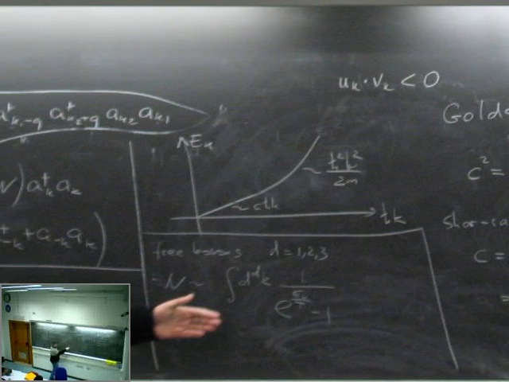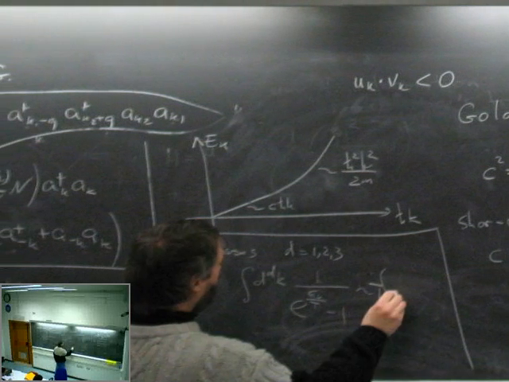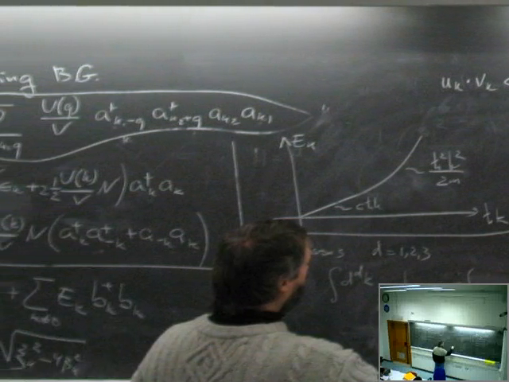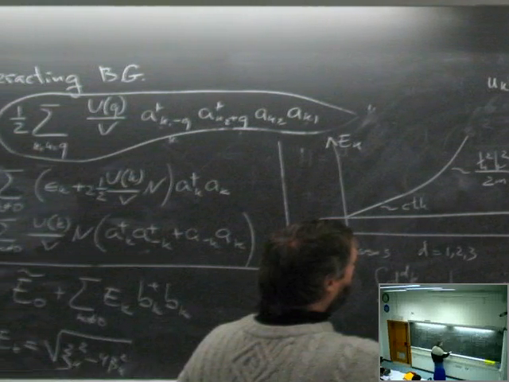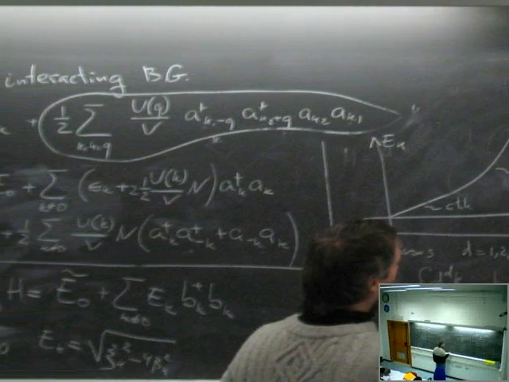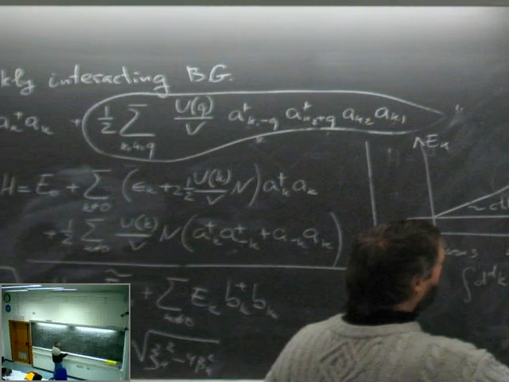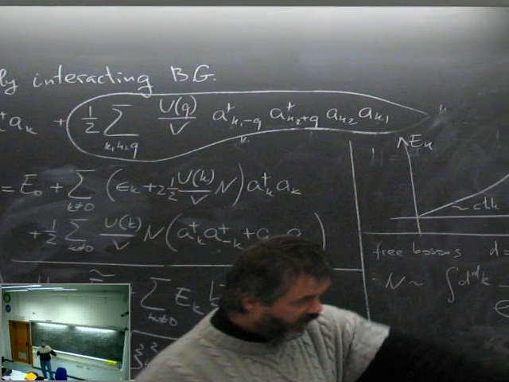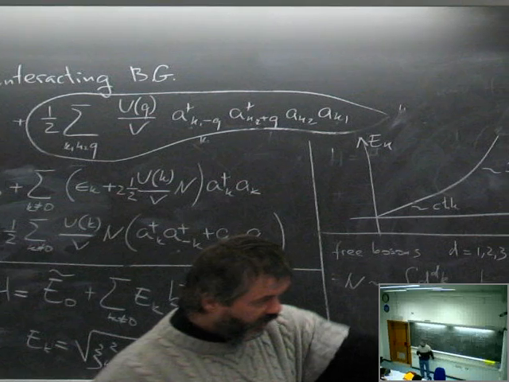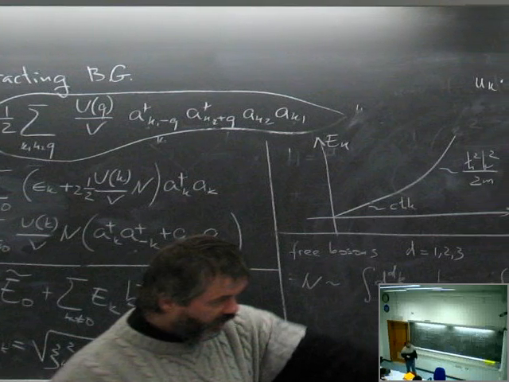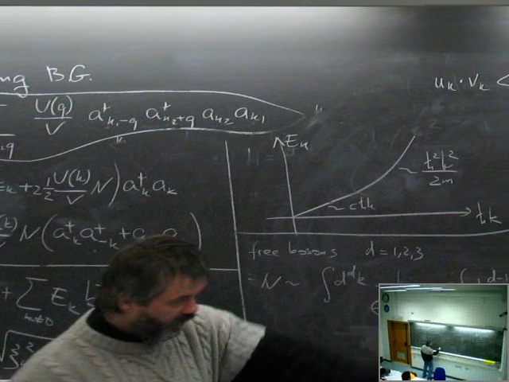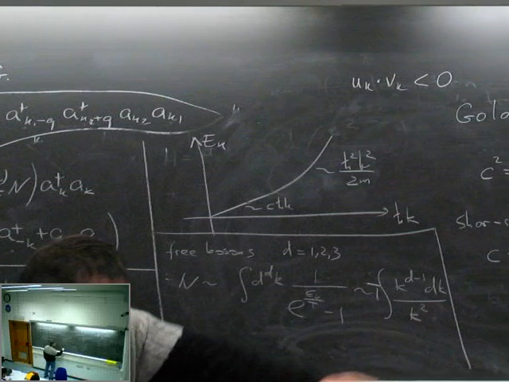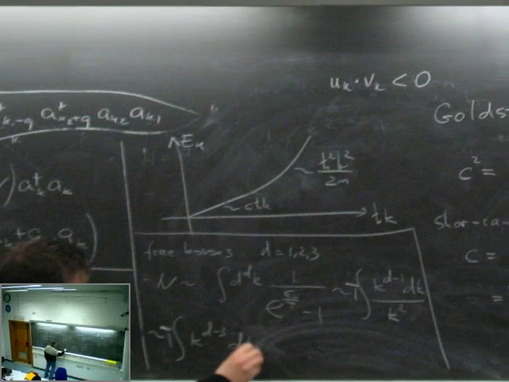Since I used the first term in the expansion, it's k to the power d minus 1 dk. This is the Jacobian in a d-dimensional system divided by k squared. K squared comes from the spectrum, which is describing free particles. So this is temperature times the integral of k to the power d minus 3 dk.